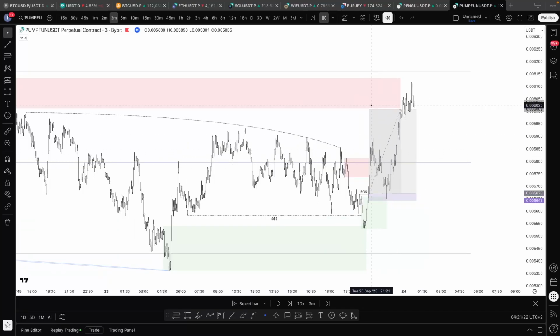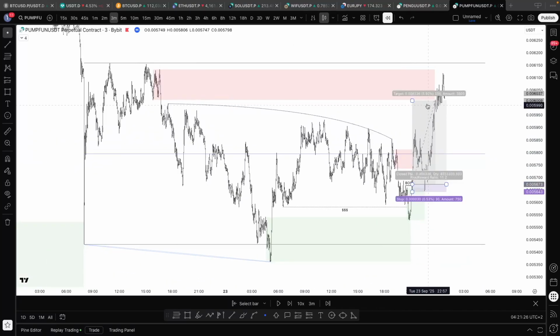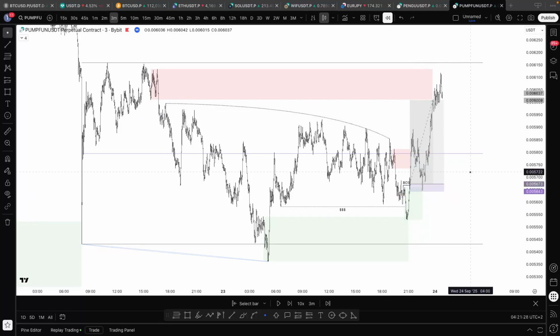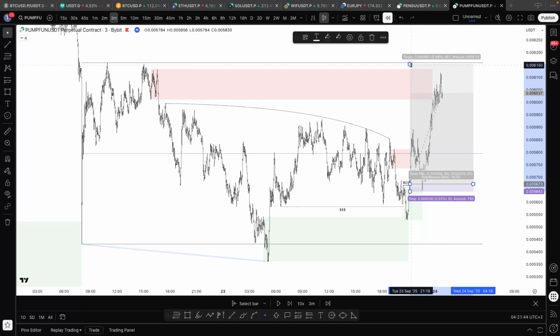You can take out less profits if you want to at this target, because you're already almost fully de-risked, so you don't have to de-risk anymore, and you can just extend your target to the range high. So you can take a little bit of profit right there, which makes you fully de-risked, and then you just target the range high and take some profits for a small stake as well, you know.